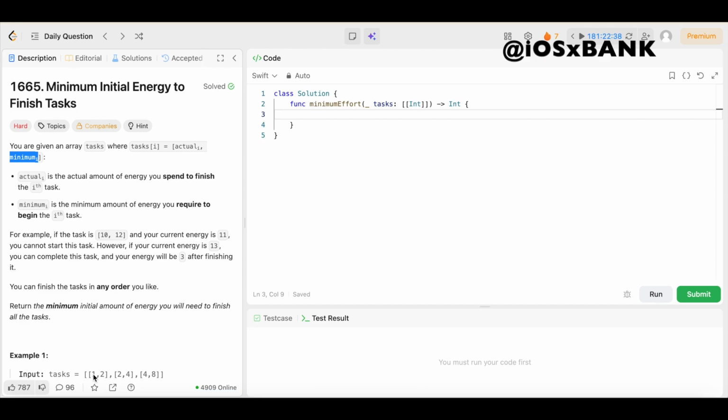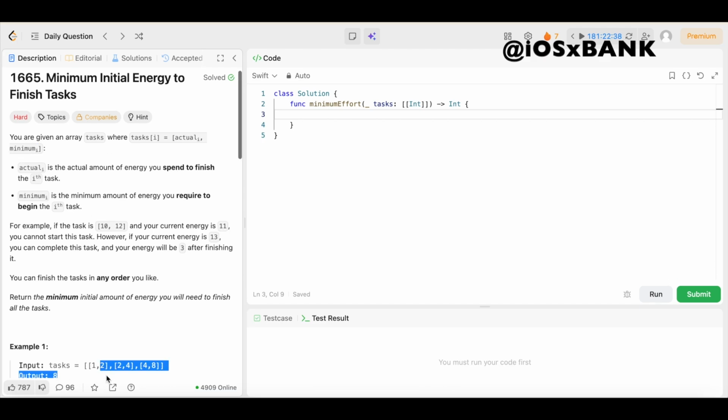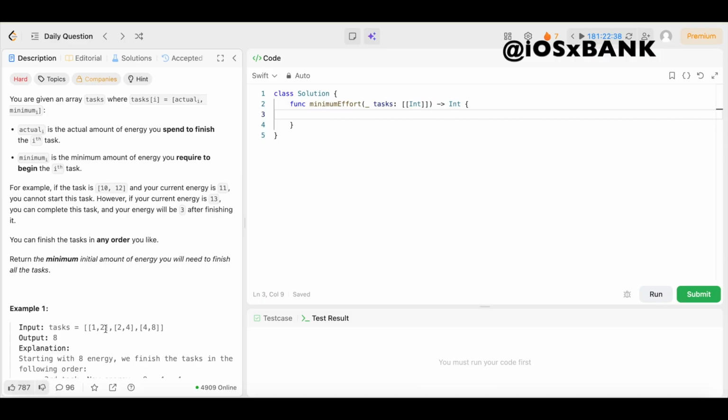There are only 2 values, so this right side is the minimum, the minimum amount of energy we need to get started, and the left side is the actual amount of energy we need to spend to finish the task. We still need 8 energy to start this task.